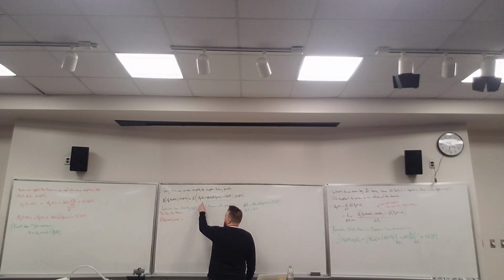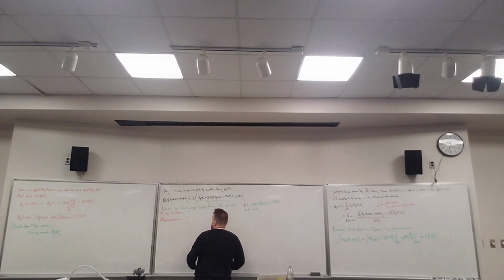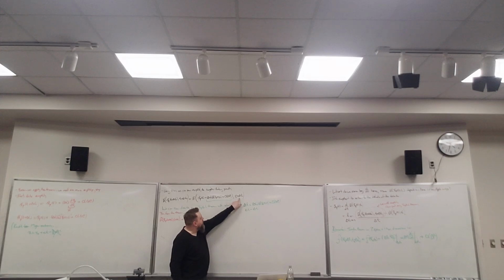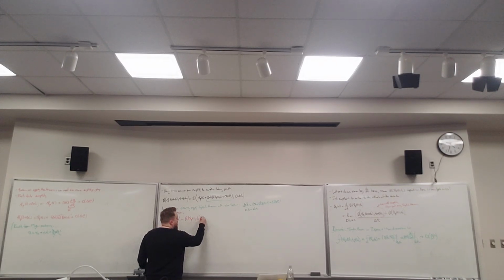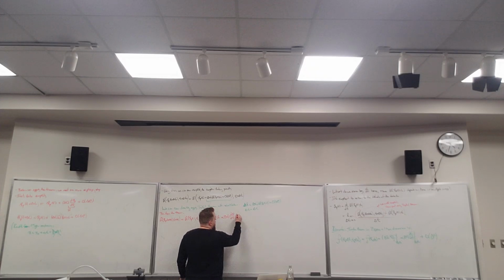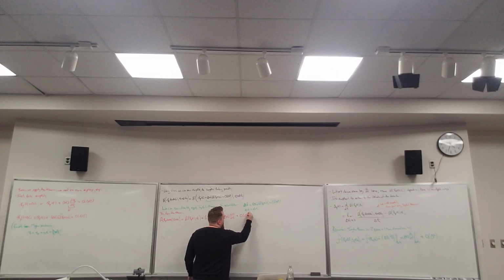For us, x naught is just whatever is not the perturbation proportional to any deltas. So x naught here is x_p of t. So we get here u of x_p of t, and then just t. So we're not including this delta t because our base point doesn't include it. Then we get our delta x dot grad of, in this case, u. And then we get our delta t times partial u partial t, and then we get our error term.